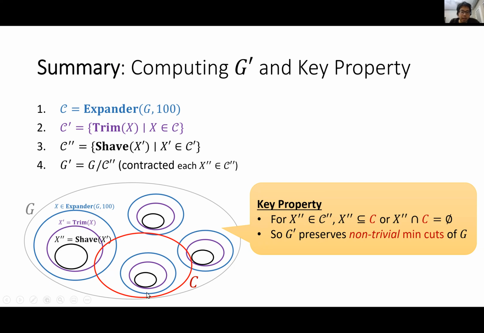But we just showed that the black set must be completely disjoint from C or completely contained in C, if you just flip the set C, right? So it means that G prime must preserve non-trivial min cuts.